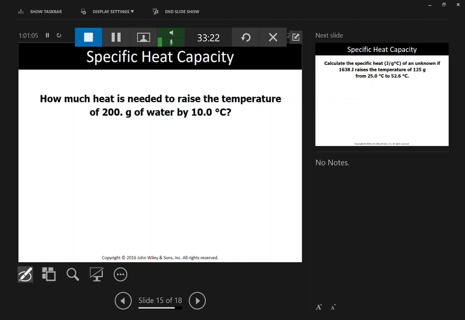How much heat is needed, meaning that we're solving for Q, to raise the temperature of 200 grams of water. So the mass of water is 200 grams, by 10 degrees Celsius, meaning that delta T is 10 degrees Celsius. The specific heat of water is 4.184 joules per gram Celsius.